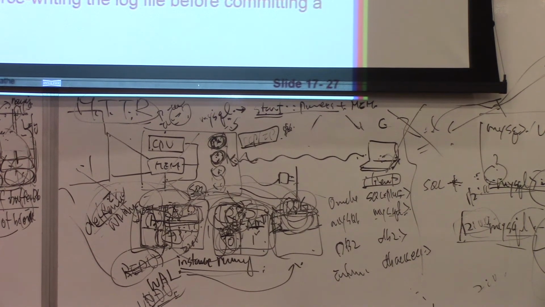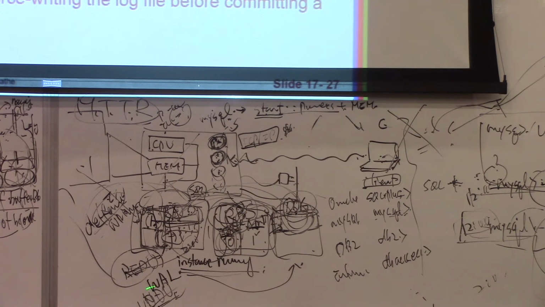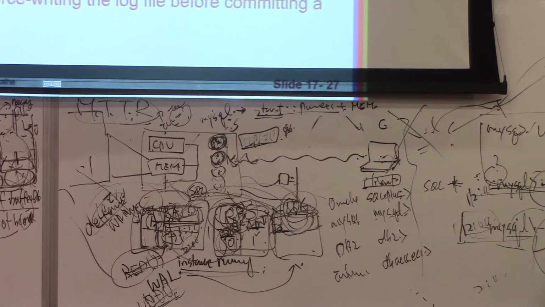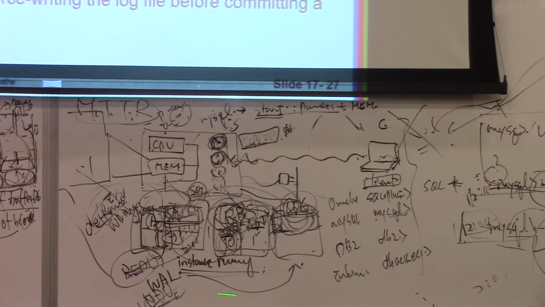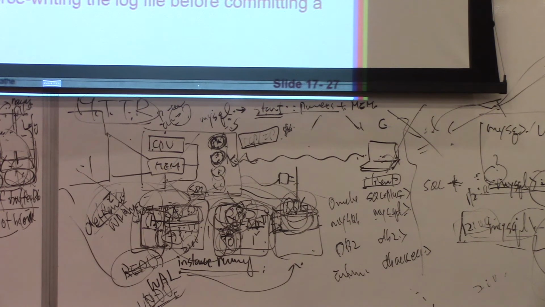This is called write-ahead log, or sometimes the write ahead log. It means you need to write the log just before the commit. Ahead, you need to write the log when you commit. Then it will be finalized.